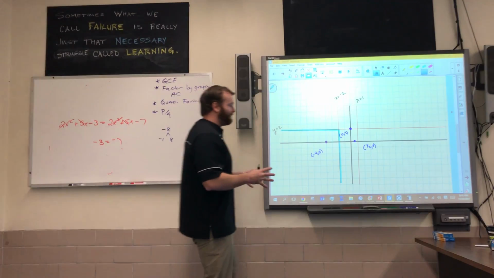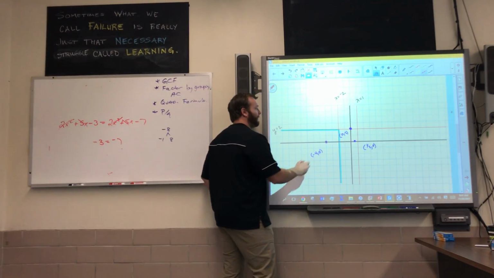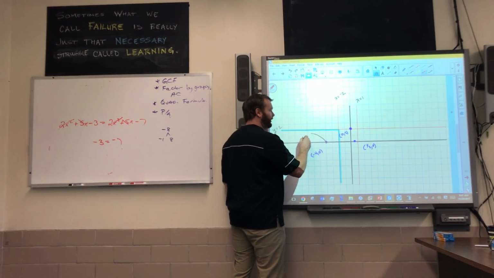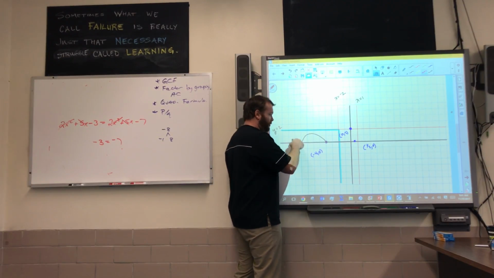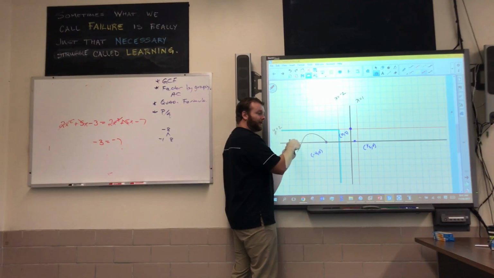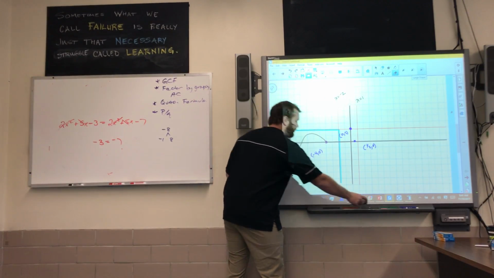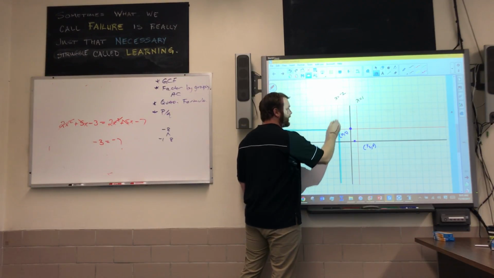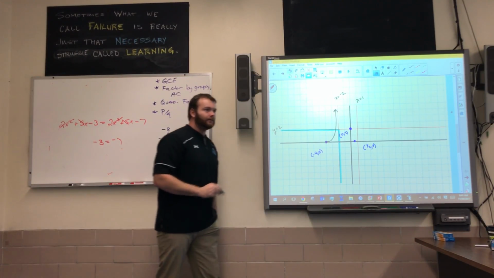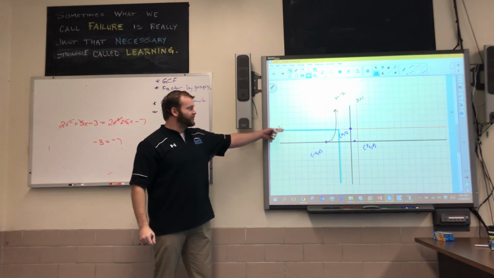Okay? It doesn't have a whole lot of options. For instance, my graph cannot come up here and then come back down, right? Because if it came back down, the algebra would have told me there would be another x-intercept, correct? Okay? Some other things that cannot happen. Let's say that as I move to the right, can my graph go that way? What did I just cross?